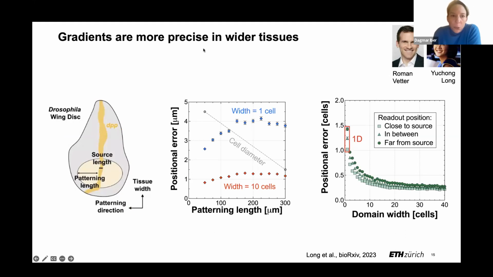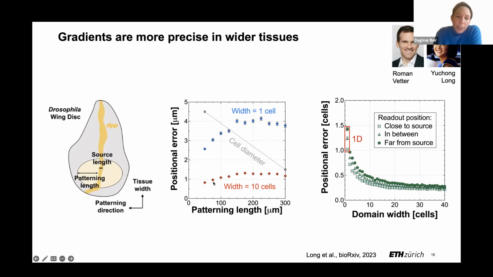But what does help a lot is if you have a 2D domain, means you don't just have one line of cells, but rather, as here in the Drosophila wing pouch, you have a certain width of the domain. And so if we have a single cell, then the positional error, as you can see for physiological parameters taken from the Drosophila wing disc, is above 1 cell diameter at later stages.